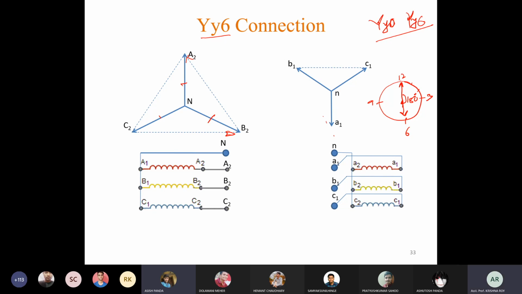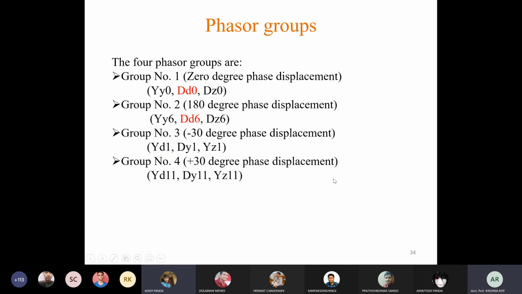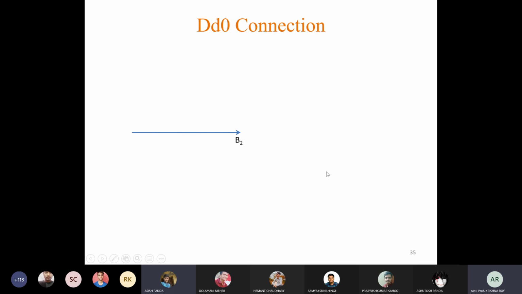Is it clear or not? These two are the simplest connections. Yes, sir. Okay. So next let us consider DD0 and DD6. So now we have to draw the delta connection. Again, these three vertices are fixed A2, B2, C2, but we have to identify the phases for delta connection.